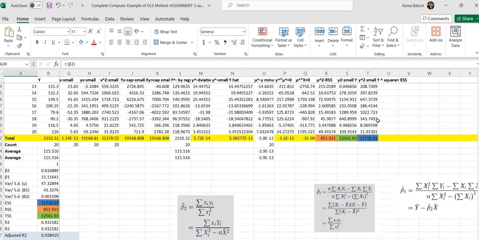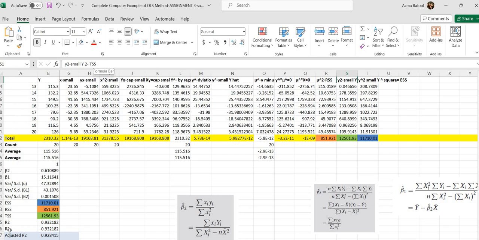Look at this series that I have made: y minus y hat, and after that y hat into y. I have proved these properties. Look at the residual sum of square and the explained sum of square. Can you see that? And similarly the total sum of square.